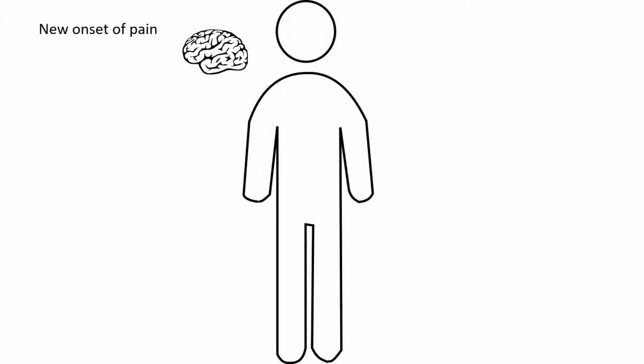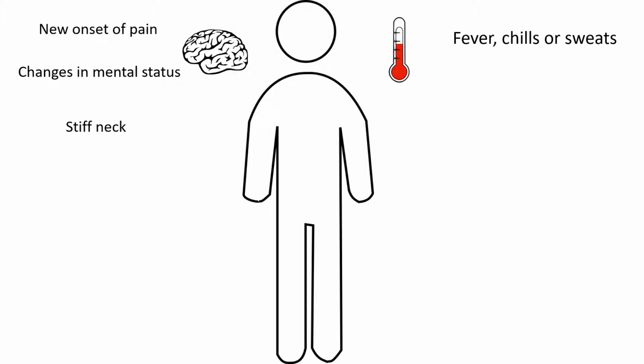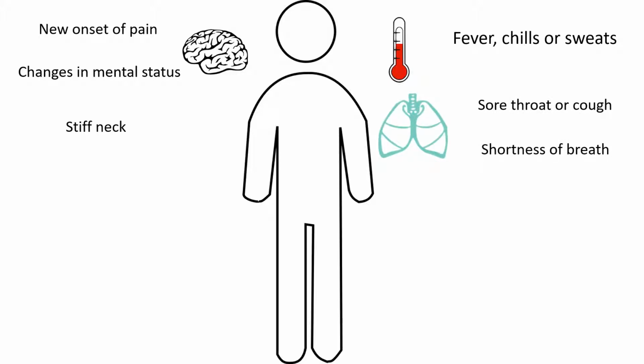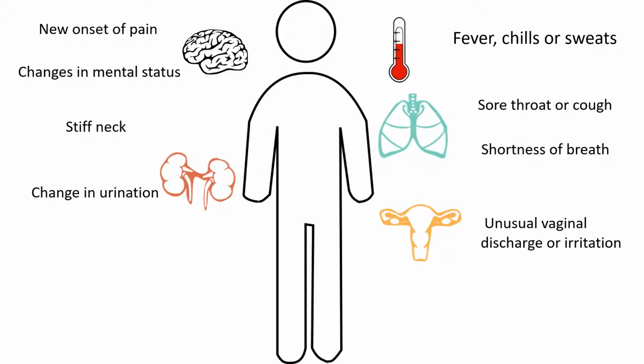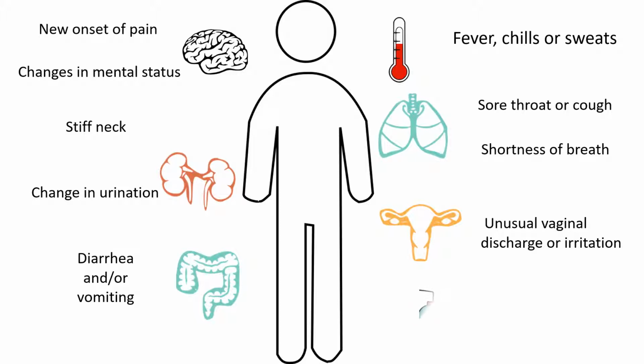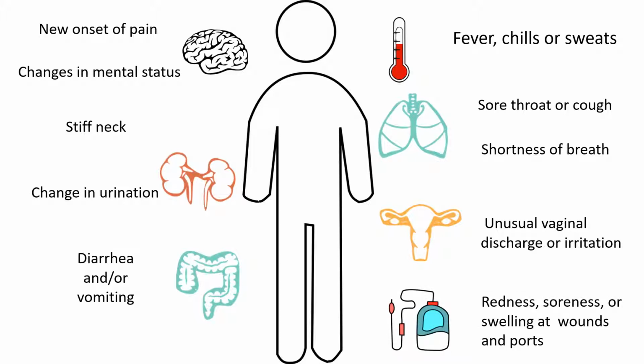So when a patient is experiencing new onset of pain, change in mental status, or fever, chills, sweats, stiff neck, sore throat or cough, shortness of breath, change in urination, vaginal discharge, diarrhea, constipation, vomiting, or redness, soreness, or swelling at wounds or pores, for example IV sites, they become swollen, red, and painful.